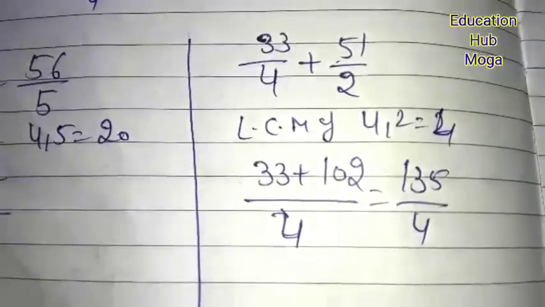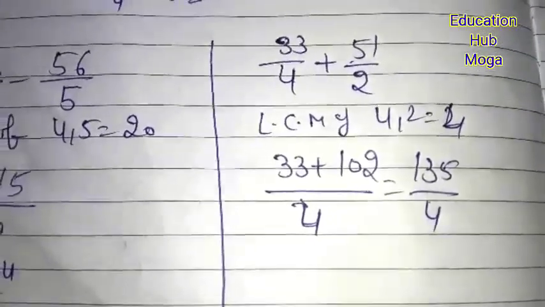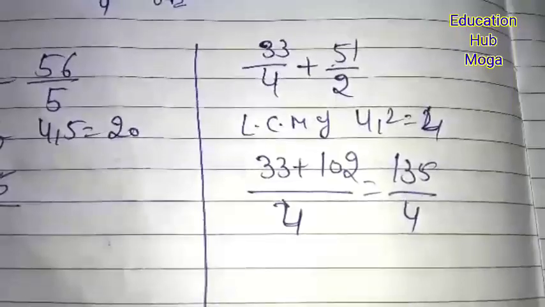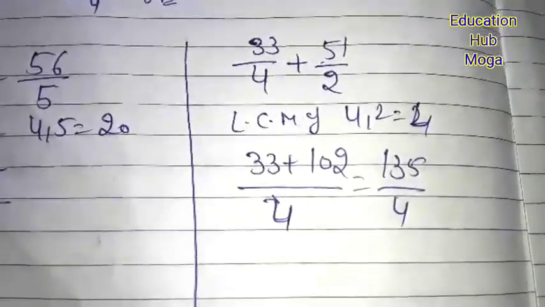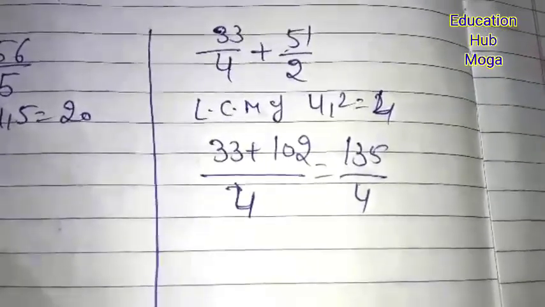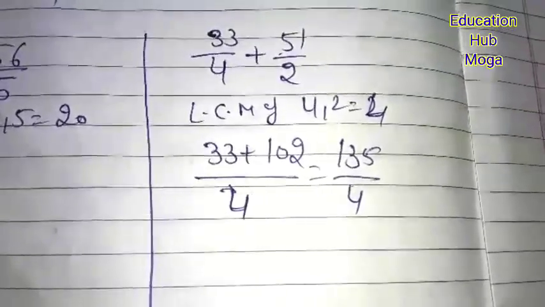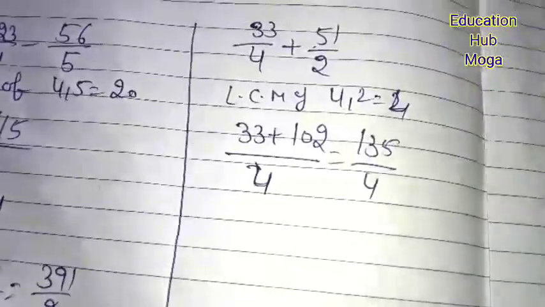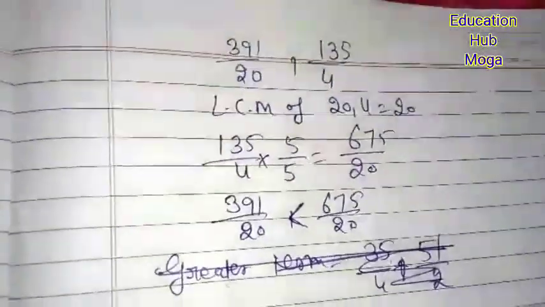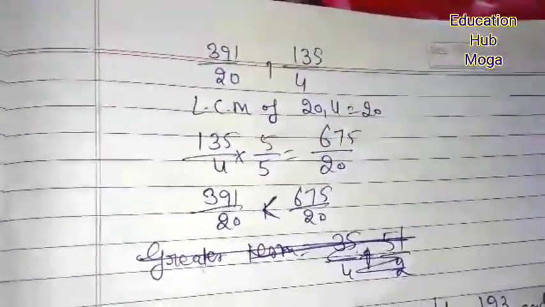Next, find the sum of 3 3 by 4 and 5 1 by 2. Firstly find the LCM of 4 and 2, which is 4, and convert into like fractions. Your answer is 135 by 4. You have two answers, 391 by 20 and 135 by 4. Now we find which term is greater.